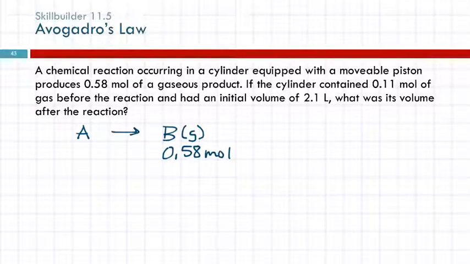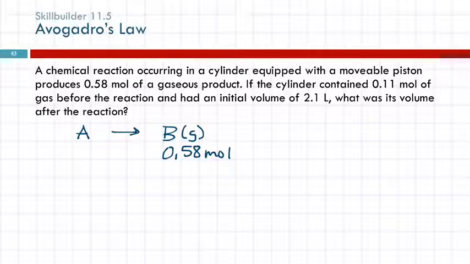See, this is where I personally think that this problem is a little bit vague. Because that 0.11 moles, is that the volume of reactants? Did the reactants disappear and become the products? Or is that some unrelated gas? I don't know.